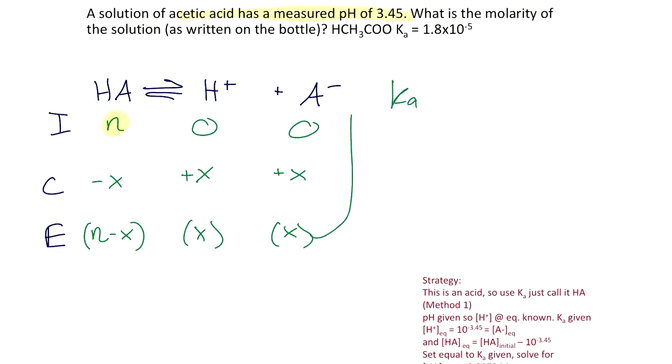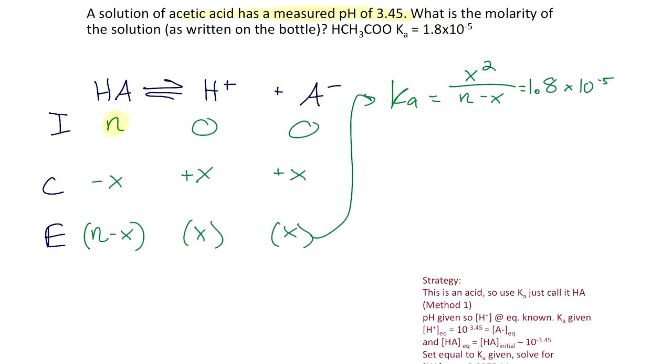We put those values into our Ka expression, so it's X squared over N minus X. And I actually gave you Ka this time, 1.8 times 10 to the negative 5. So, as is, can we solve this? No. Why? There are 2 variables. So we need to get rid of one of those variables.